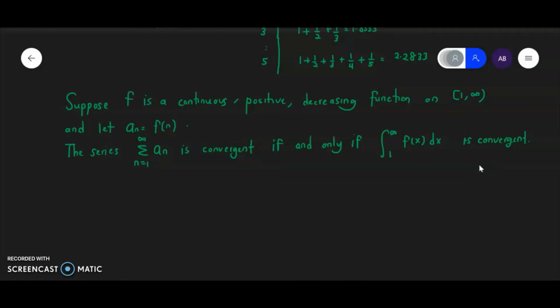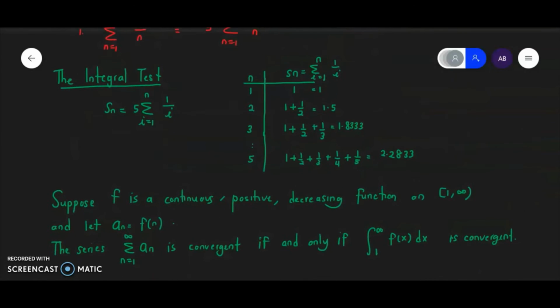So, to find whether this series is convergent or divergent, you need to apply the improper integral and show whether you get a finite value. If you get a finite value, then you will say that the series converges. Okay, we'll look at it in a while.